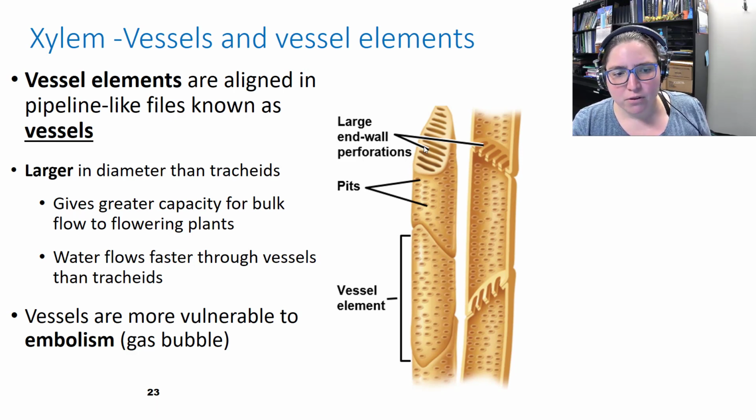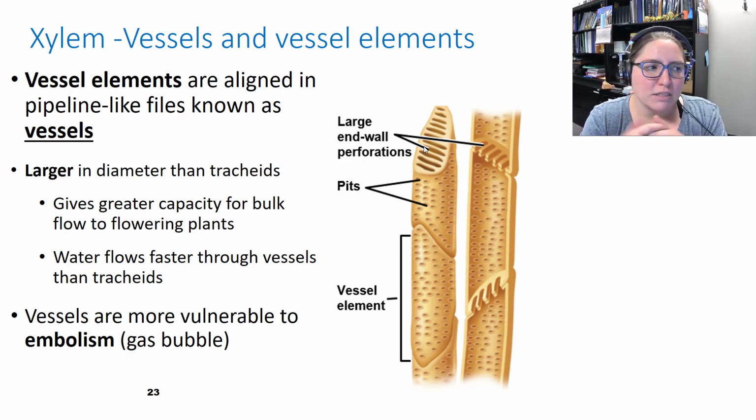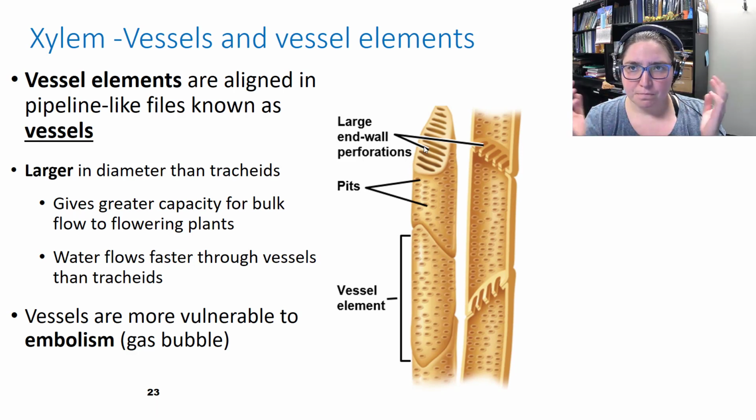However, vessels are more vulnerable to embolism, which is a gas bubble. So you've maybe heard of embolisms in humans, and it's a pretty bad deal, right? If you have a gas bubble blocking blood flow, like let's say to your lungs, like a pulmonary embolism, or in your brain, those are bad things.